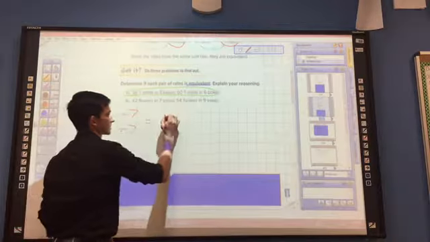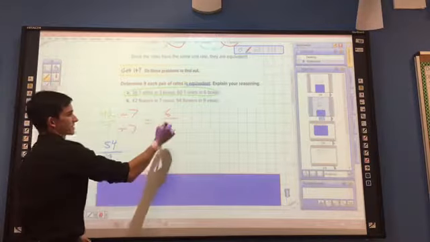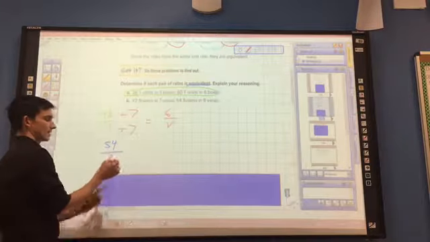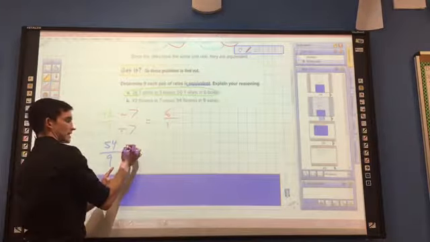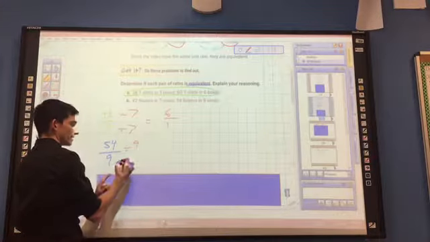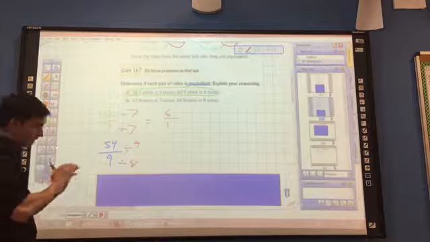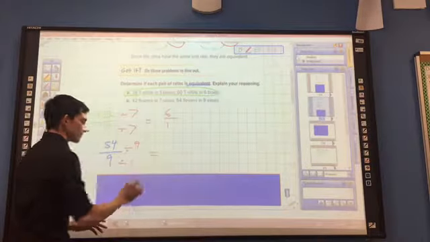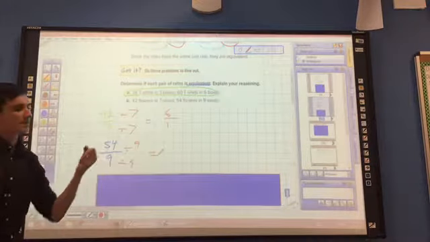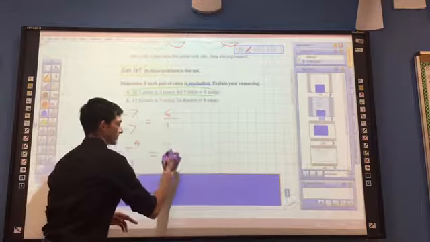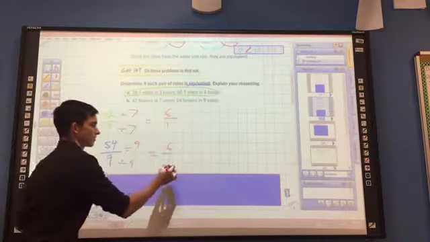So that's going to be 6. 7 divided by 7 is 1. So there's my unit rate up top. 9 is on the bottom here, so I'm going to divide by 9 to convert it into a unit rate. 54 divided by 9: 9, 18, 27, 36, 45, 54. 9 divided by 9 is 1.